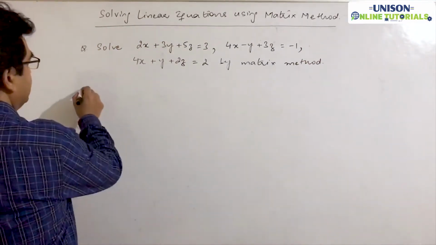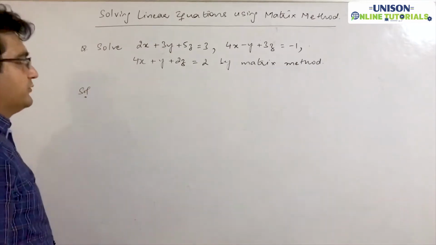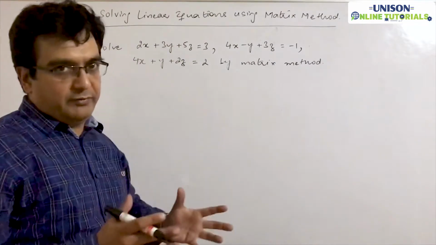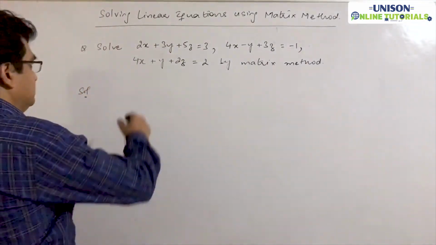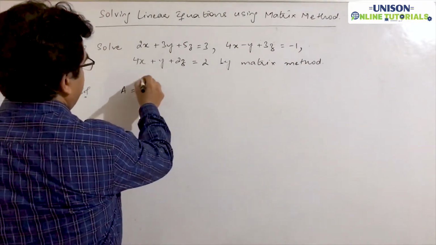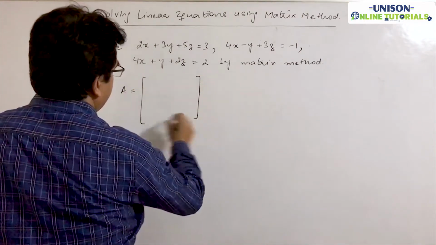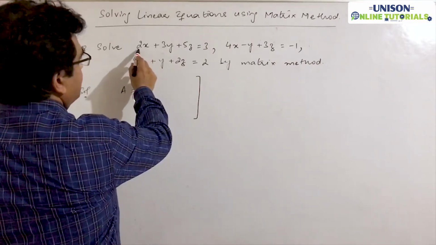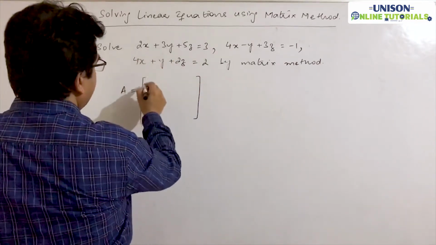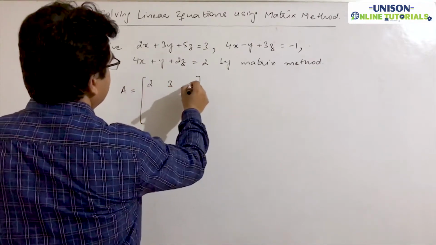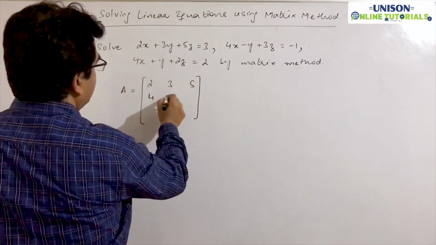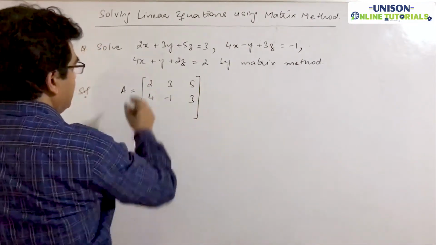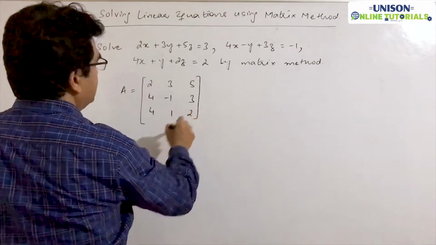Now let's write these three equations in the form of a matrix. I will take a matrix A by taking the coefficients of x, y, z: 4, minus 1, 3, and 4, 1, 2.